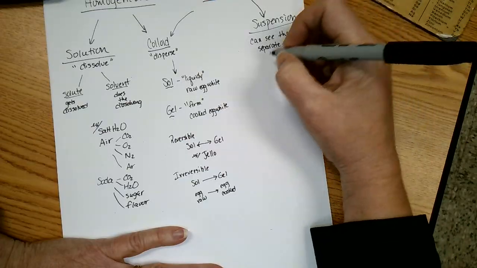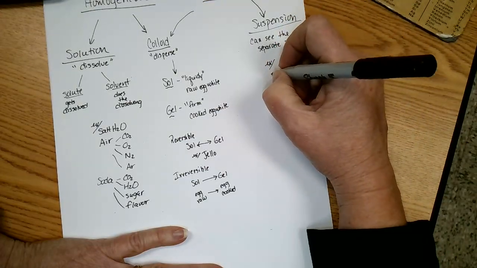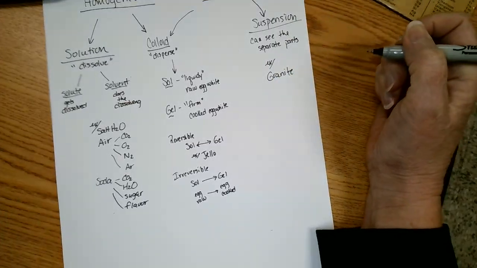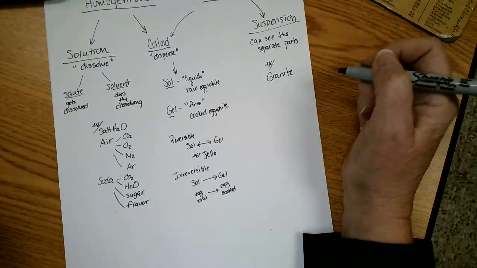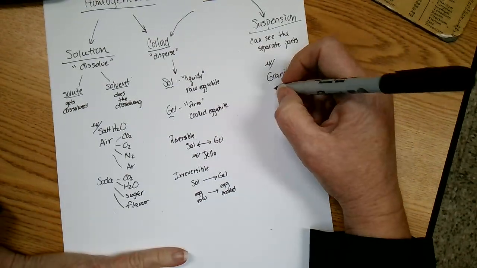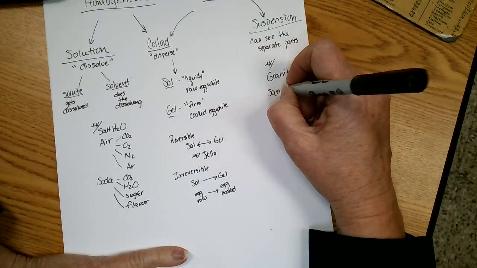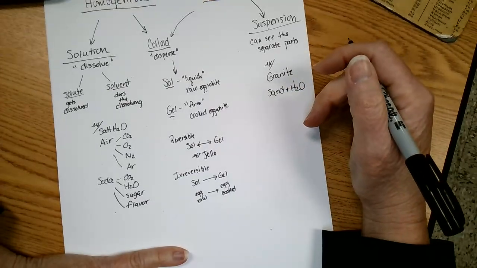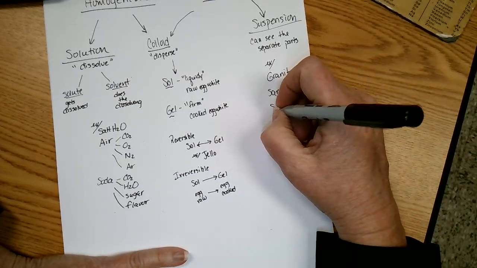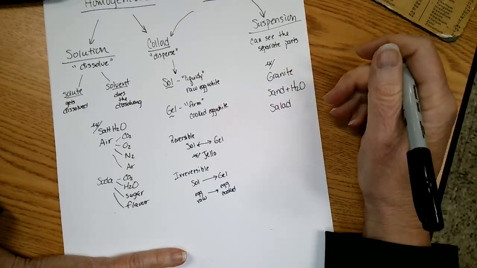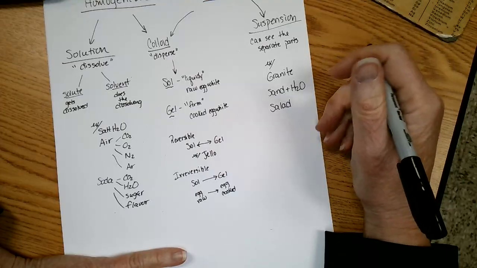A good example of that is a granite countertop. You know how if you look at a granite countertop, you see all the little speckles of different things? That's because it's actually a suspension. Another example is sand and water. Sandy water. The sand eventually settles out. Still another one is a good old salad. You can see the separate croutons from the lettuce, from the carrots, from the tomatoes.